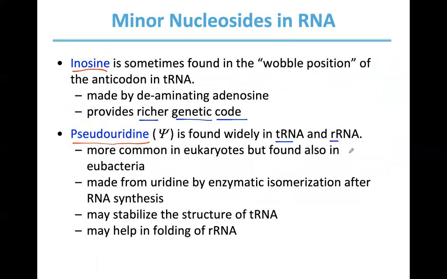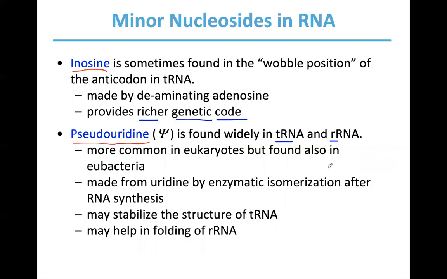So if you have sites in these RNAs which are susceptible to destruction, and the anomeric carbon breaks down to release the nitrogenous base, then the pyrimidine can undergo this kind of isomerization to form a stable carbon-carbon bond.